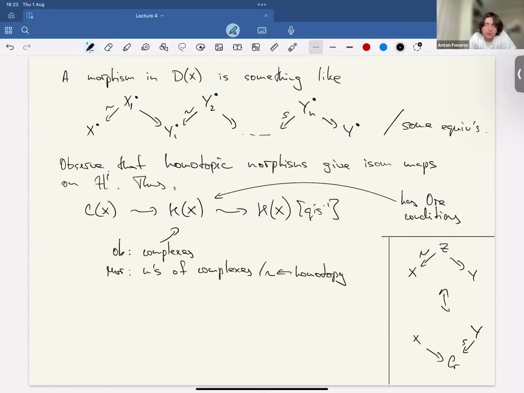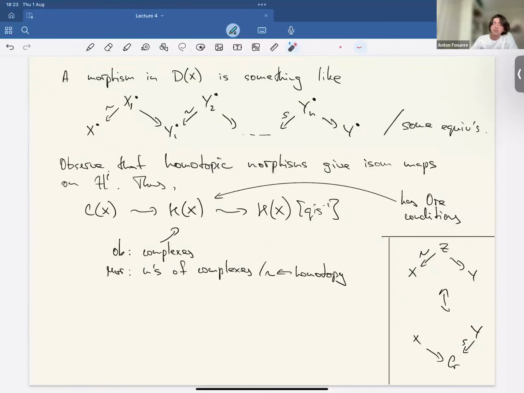And if you are able to do this plus some more properties, then it's quite easy to define an equivalence relation, and every morphism will be represented by a diagram of this form. You literally replace X with something which is quasi-isomorphic going into it, and then an isomorphism in the other direction.